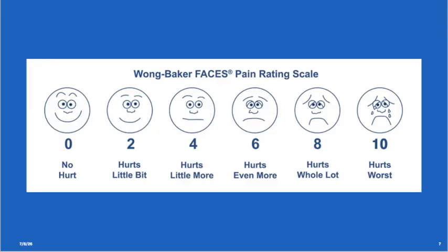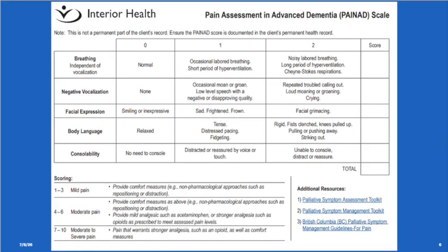And that kind of ties into our patients that maybe have cognitive impairment, especially patients with dementia who can't actually verbally tell you they're in pain. We can look at their face, but there's actually other behaviors that we want to look for to maybe determine that they might be in pain.